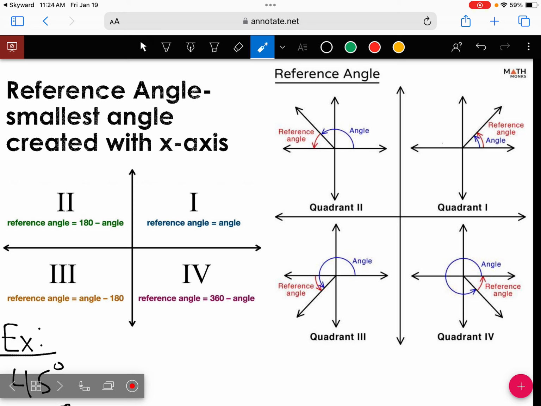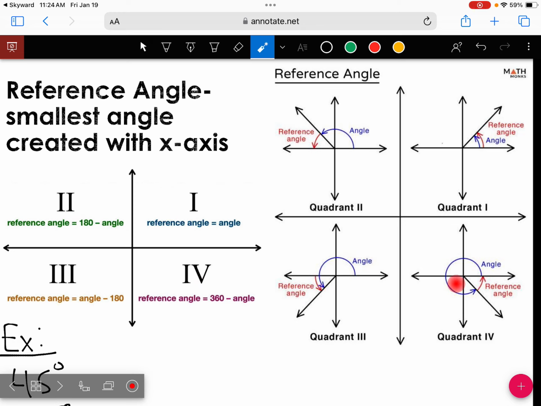And then last but not least, fourth quadrant right here, when the x value is positive and the y value is negative, the reference angle just kind of completes the circle, right? The way we would compute that is 360 degrees in the circle, and the reference angle is the difference between that full circle and the angle. So we just do 360 minus the angle.